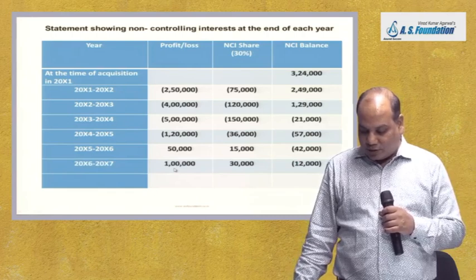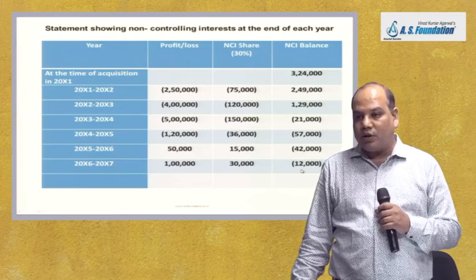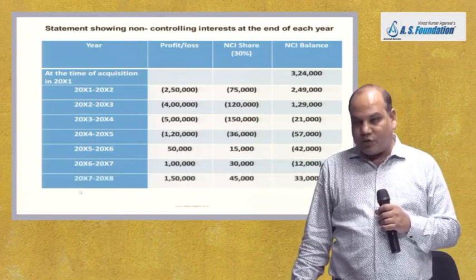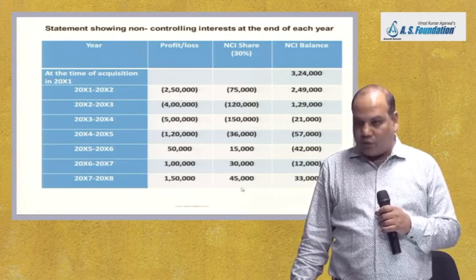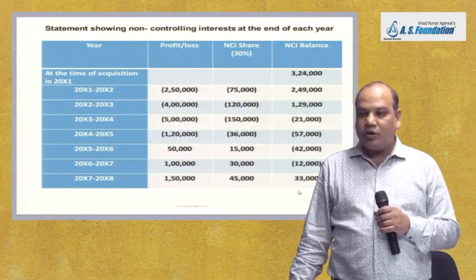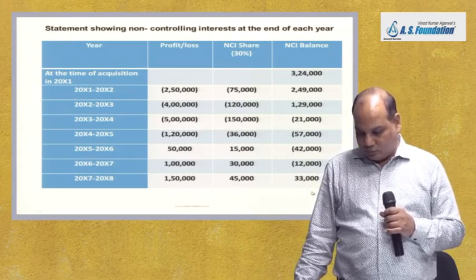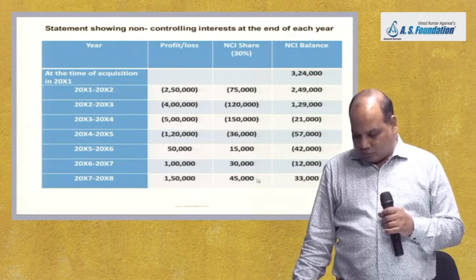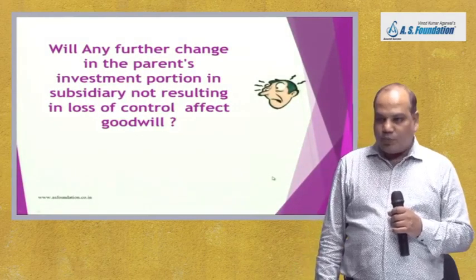Profit 1,30,000. Still there is a negative balance of 12,000. 2007-8, profit 1,50,000, 45,000 and 33,000. Is it right? So this is how we compute it.